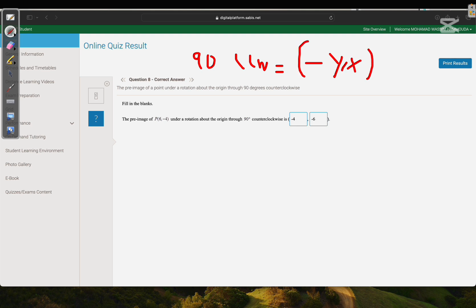Here they want the pre-image. So (6, -4) is (-y, x). So now we know that y is -6 and x is -4. It's -4 and -6, since here it's -1.